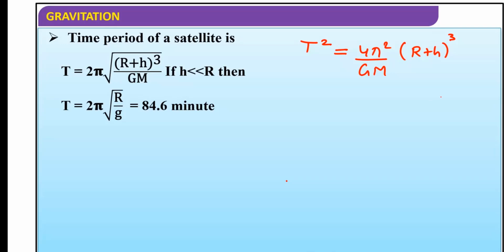Further, whenever we are calculating the time period for a satellite which is closer to Earth, h very less than r, we use T equals 2 pi under root r upon g. Okay, and this is approximately 84.6 minutes. So that is the way to calculate the time period of a satellite which is closer to the surface of Earth. And if it is not closer, then you will use this formula.